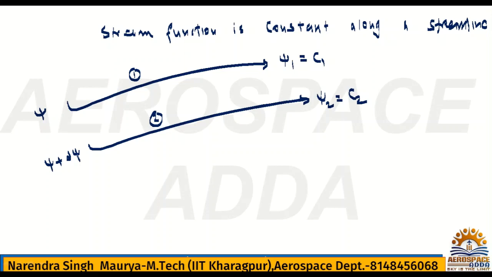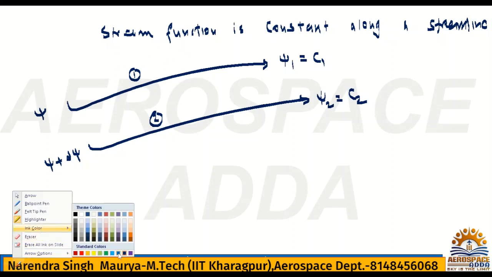Now I just want to show you that difference. Because these are two streamlines, and perpendicular to the streamline, flow will not be possible. I explained in the last lecture that the velocity component perpendicular to the streamline will be 0 always. It means there is no perpendicular flow. So where will be the flow? Flow will be along the streamline.